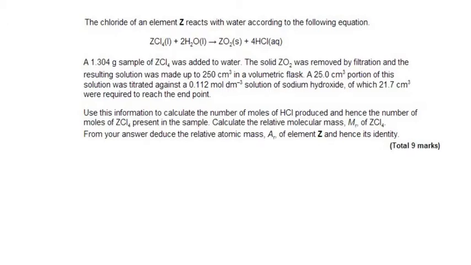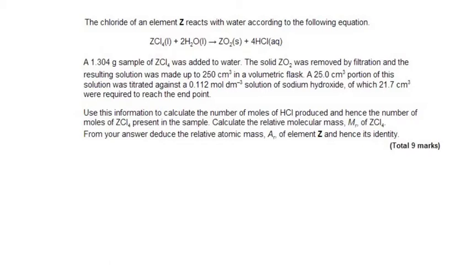From that volumetric flask, a 25 centimetres cubed portion of that solution was then titrated against a known concentration of sodium hydroxide. That known concentration is 0.112 moles per decimetre cubed. In that titration, the average titre was 21.7 centimetres cubed, and that was required to reach the end point.